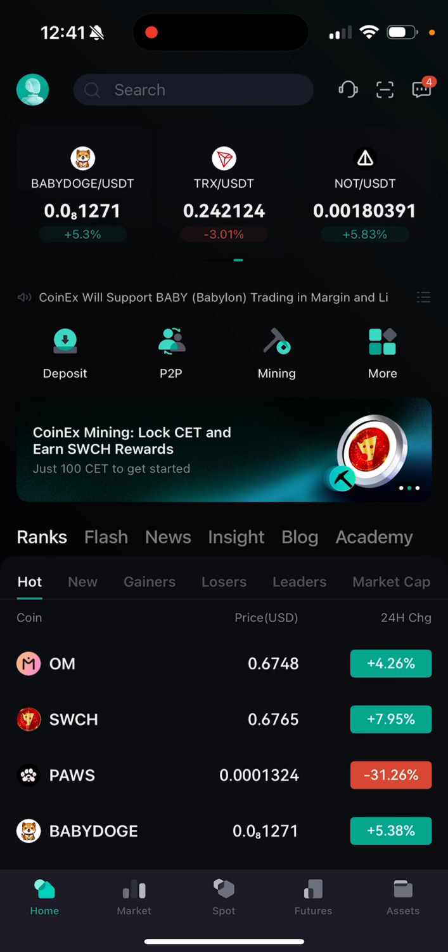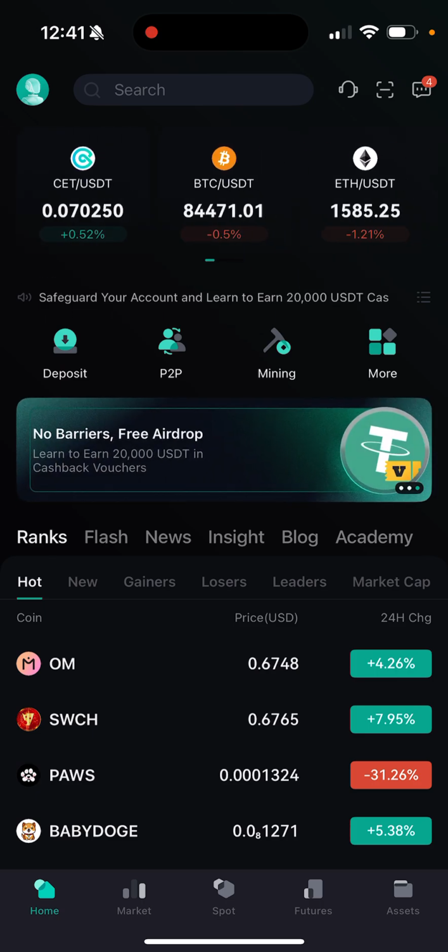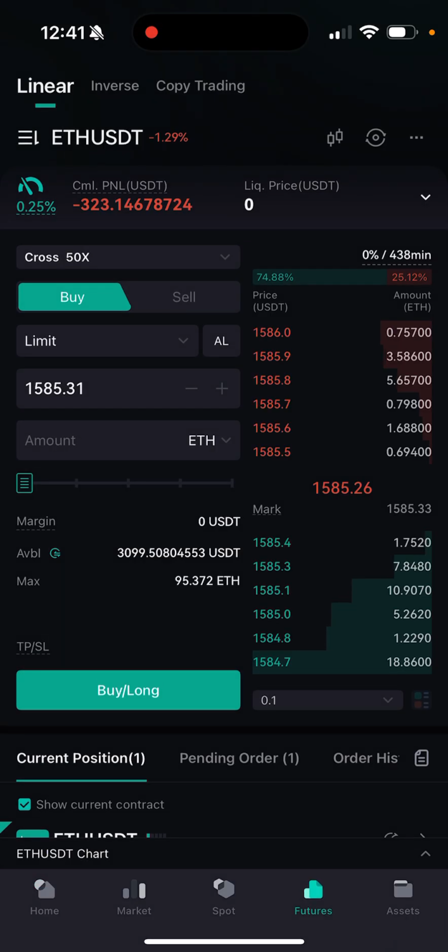So let's go to my chart, which is the futures chart for the cryptocurrency. As you know, cryptocurrency usually comes as a pair. The position I got into a couple of days ago is Ether with Tether. Most of the time, the pair for these cryptocurrencies is Tether, which is a USD base. For Forex, most pairs are also based off the US dollar.